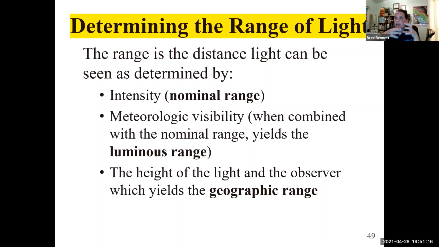If it is kind of a dull bulb light, even in perfect visibility, you're not going to see it that far away. So it really is a great indicator of the intensity of that light. How far away in perfect visibility are you going to be able to see that light? That is what the nominal range, the number on the chart, is giving you.